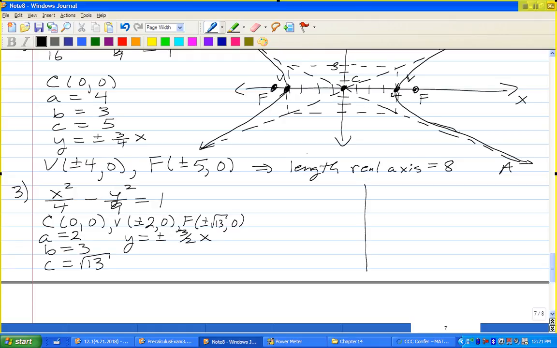So let me draw this. Okay, so 2, 3, 1 2 3. So here are the diagonals of your bounding rectangle.